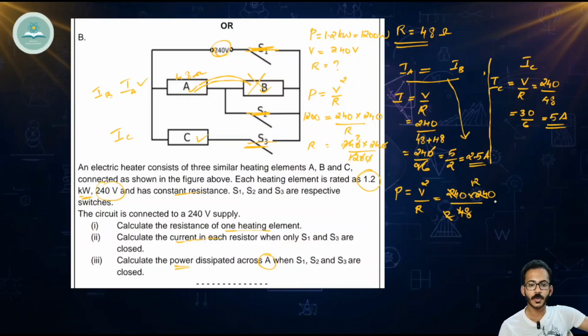So we get 1200. It is power, so power is in watt. So we got 1200 watt as the answer.